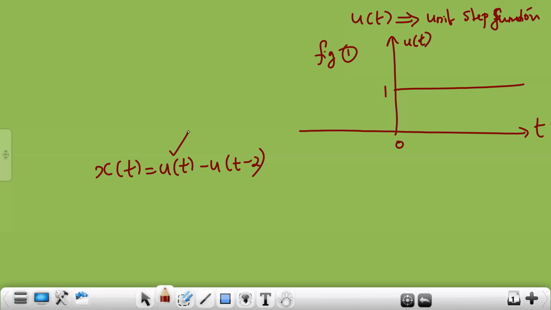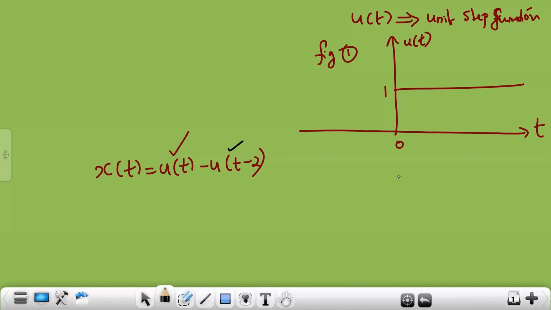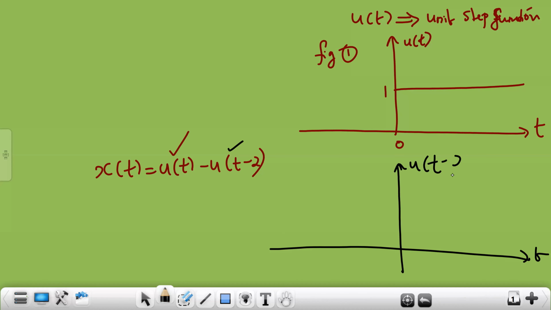Next I will plot the second signal, u of t minus 2. How are you going to plot u of t minus 2, Sayan? We need to shift the unit step signal to t equal to 2, sir. Yes.